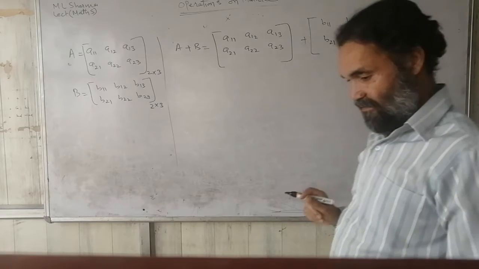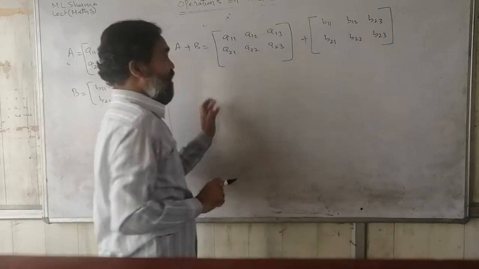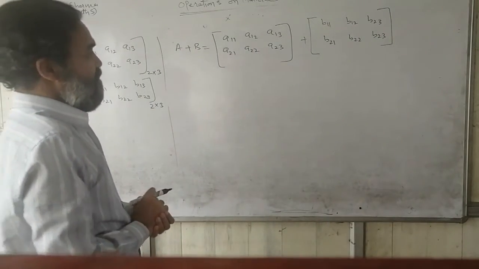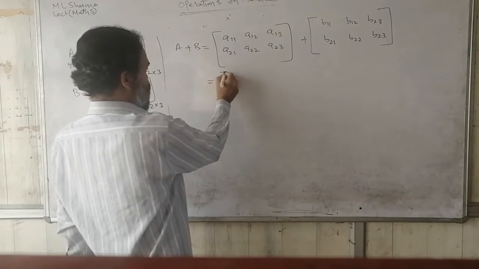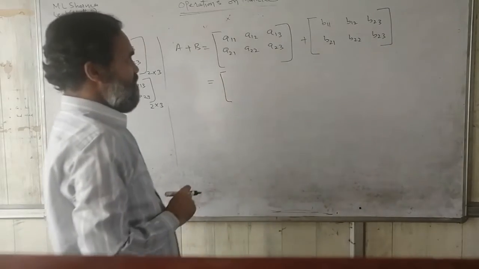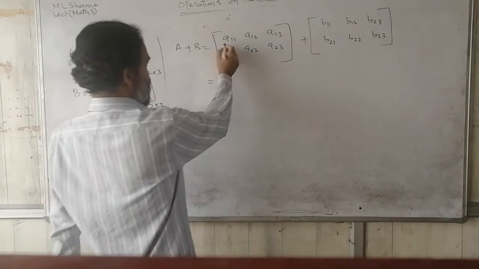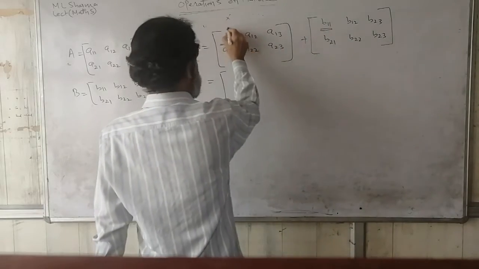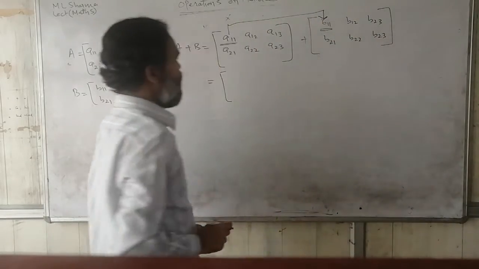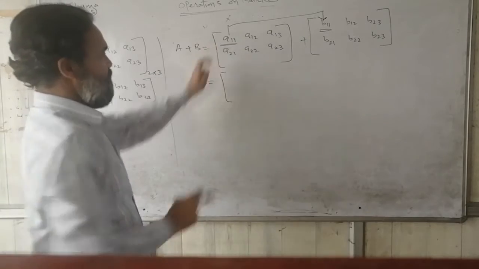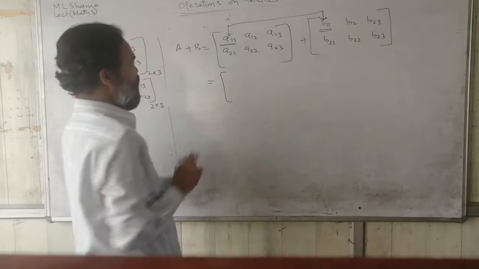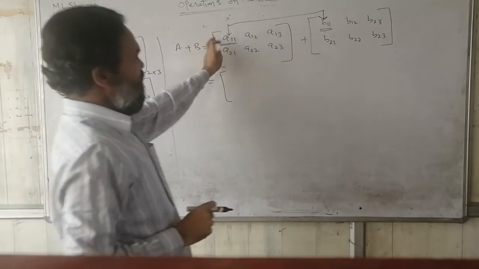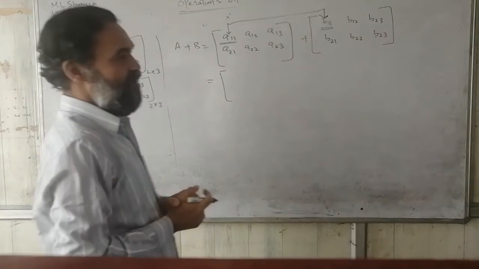So I have two matrices A and B, and I have to add these two matrices. The rule of addition says we add the corresponding elements.